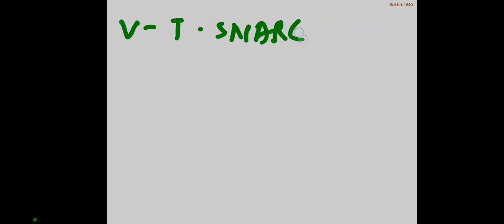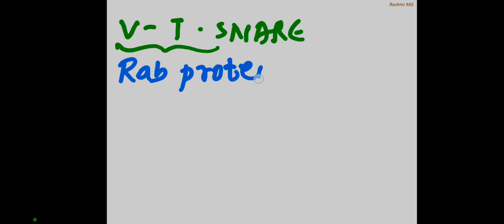The interaction between V-SNARE and T-SNARE is mediated or checked by a protein called Rab. What protein? Rab protein. Okay.